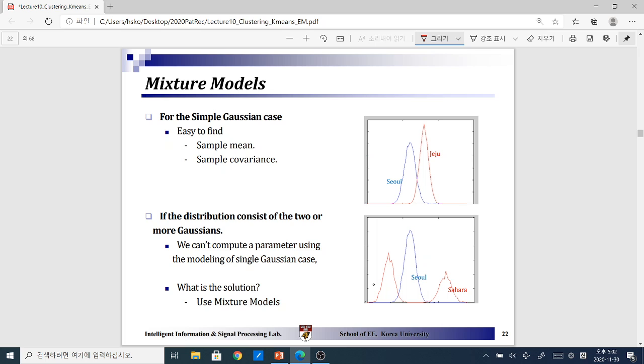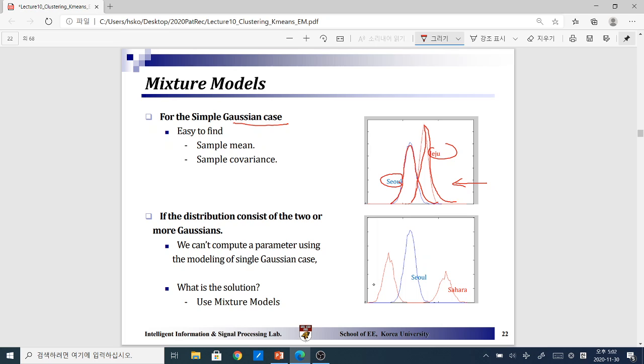For instance, you could have a simple Gaussian case. For example, this is some population of, say, Seoul and Jeju. For the Seoul group, let's say the population's probability distribution looks like this, which is Gaussian, and then Jeju has a probability density distribution looking like that. So this is a unimodal Gaussian, and we say that it is a simple Gaussian case.